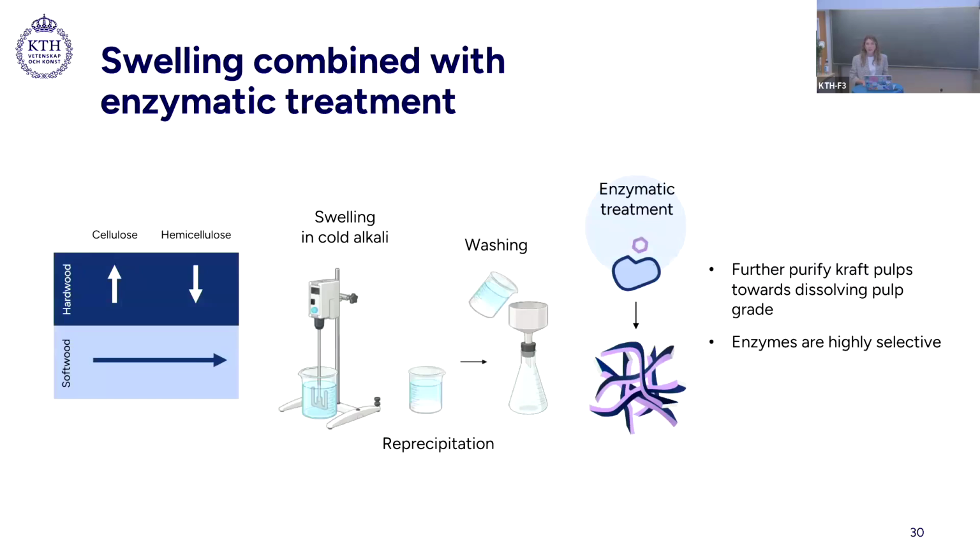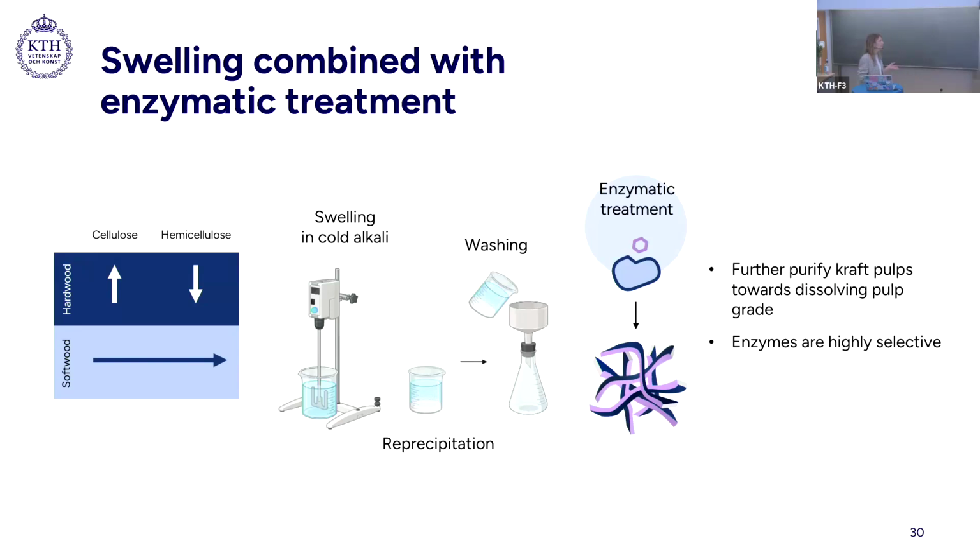And now I'm going to go back a bit to the purity that I talked about previously, so the carbohydrate composition, if you remember this. So we saw that for hardwood, when we do alkaline swelling, the cellulose content goes up and the hemicellulose content goes down, but the softwood remains constant. So we wanted to expand on this and also add some more mixing into the sample and see if we could remove more of the hemicelluloses during the swelling reaction.